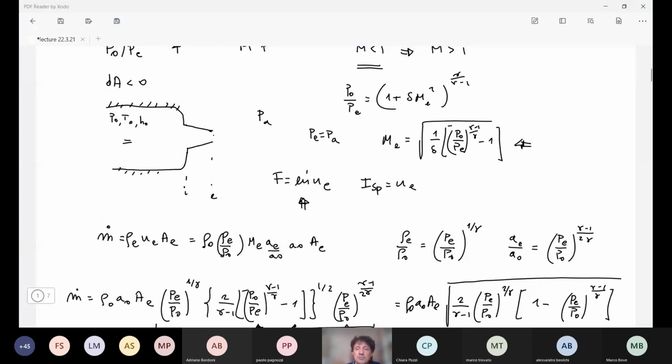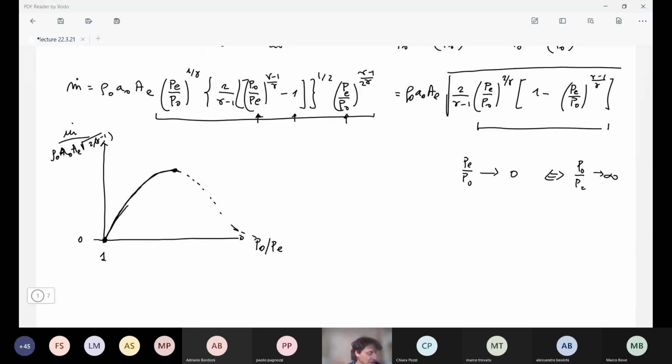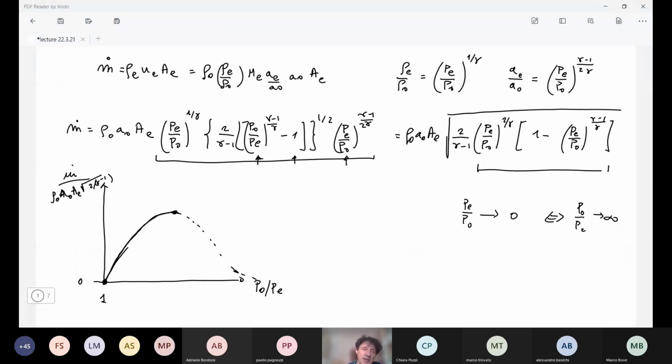From the point of view of our schematic, we are decreasing ambient pressure, and in the first branch the mass flow rate is increasing, and at a given point we reach a condition such that if we further decrease the ambient pressure, we have no longer an increase of mass flow rate.